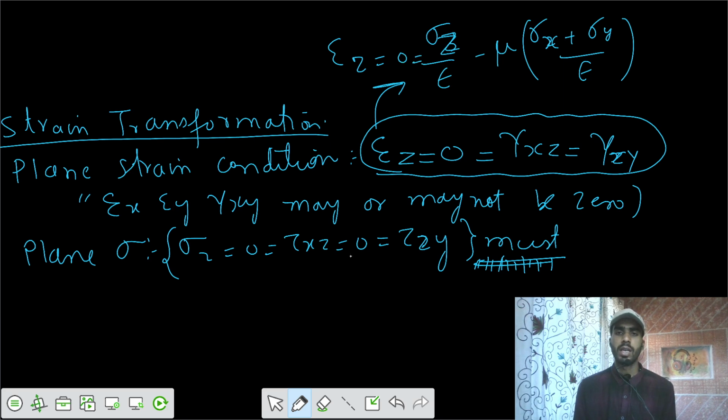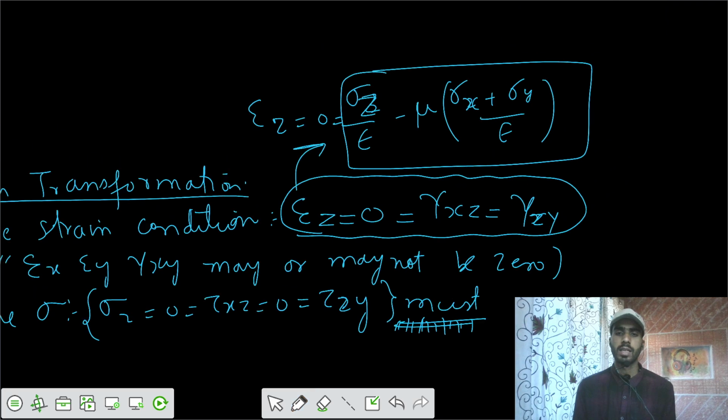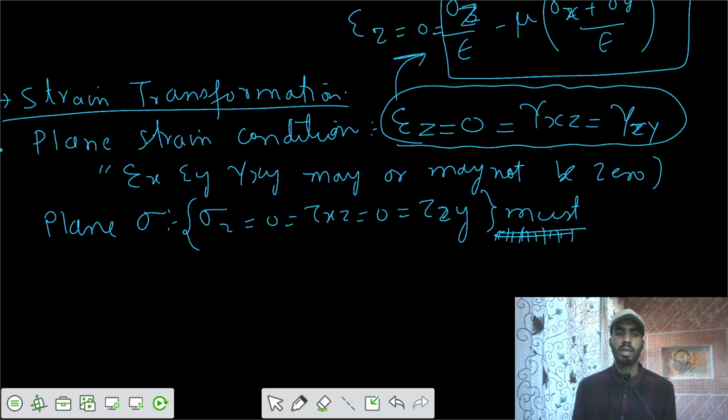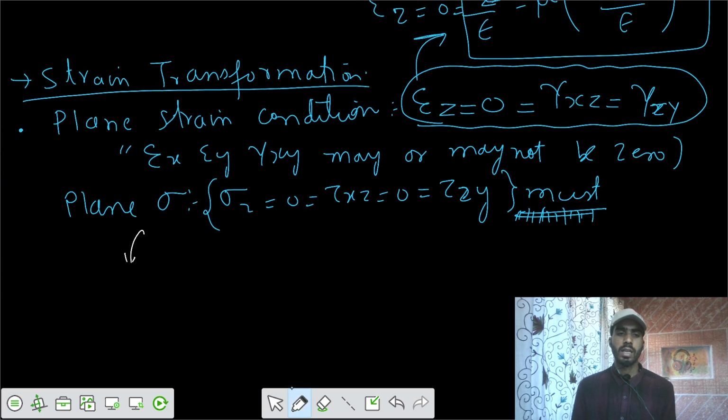That means if the strain in z is 0, then sigma z equals mu times (sigma x plus sigma y). So this becomes the condition. And for the plane stress condition, we say sigma 3 has to be 0, or we can say sigma z, the stress in z direction, has to be 0.